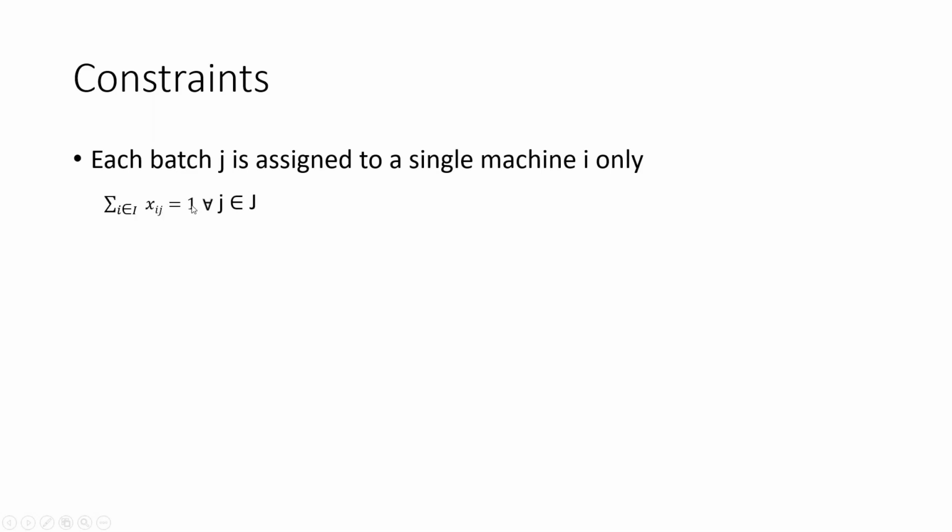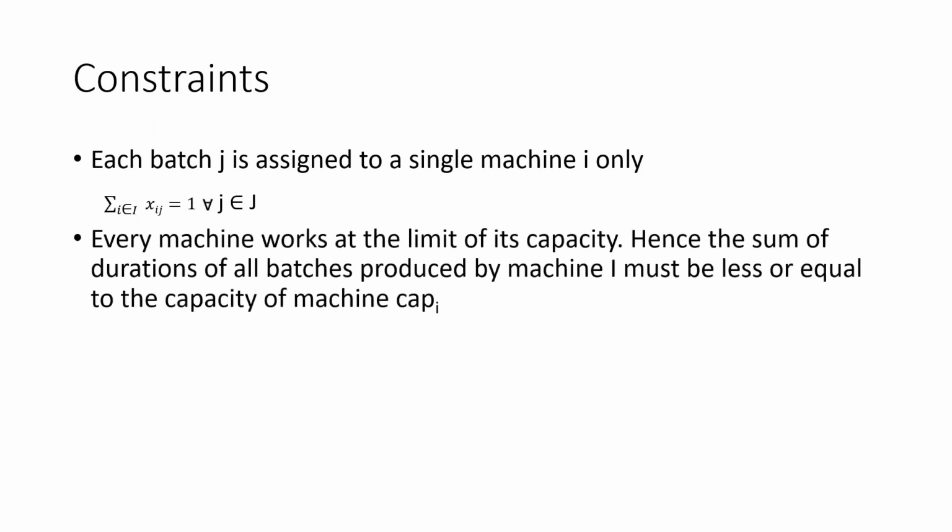The next constraint would be that the capacity constraint of each machine should be adhered to. So the duration of all the batches produced by machine I must be less than or equal to the capacity of the machine.